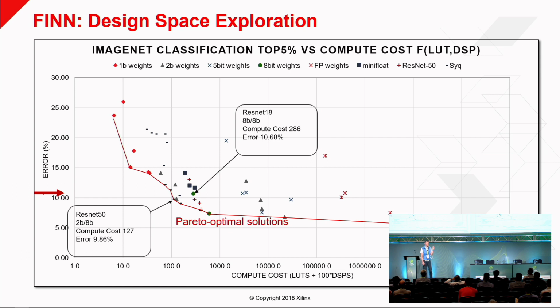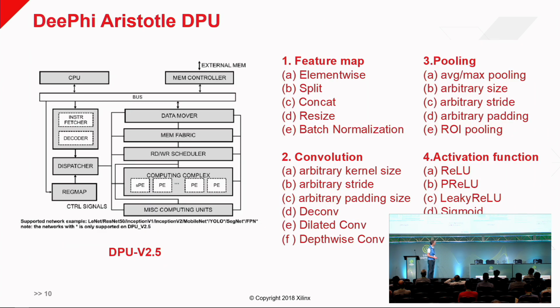No, they don't. So there's a big gap over here. We're struggling with that. We can demonstrate this with hacked up frameworks. We've open sourced our environment for doing this, FIN, but we need to really get this into more of the mainstream frameworks. So we also have the more instruction set-based overlays. This is the block diagram of the DeePhi DPU.